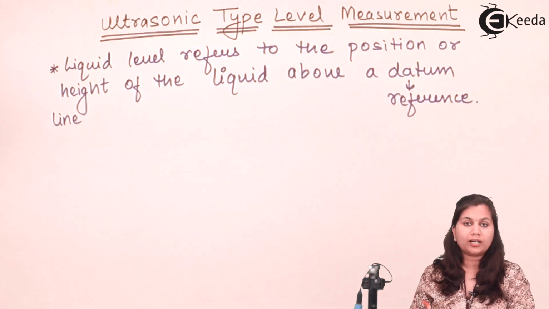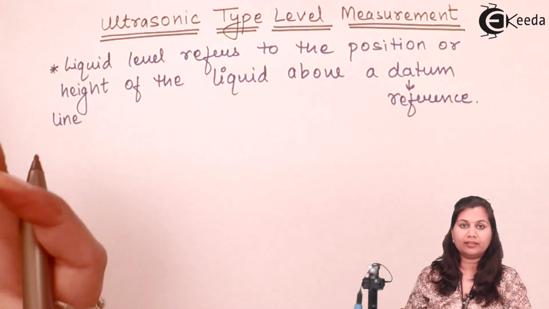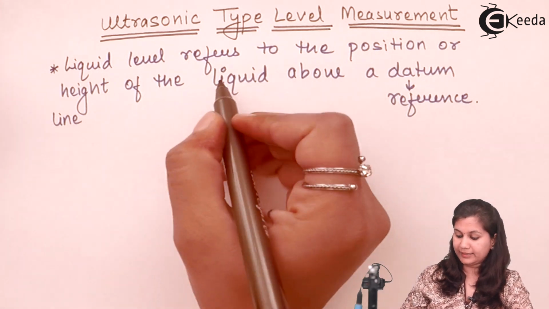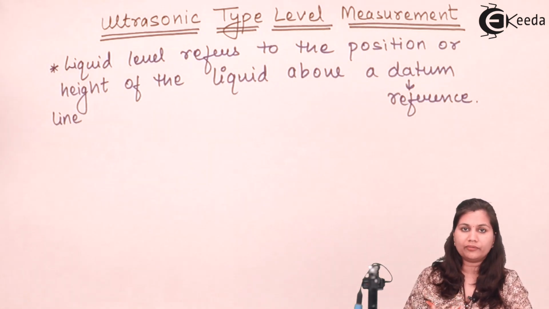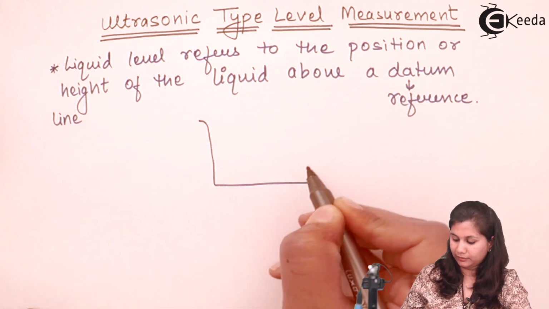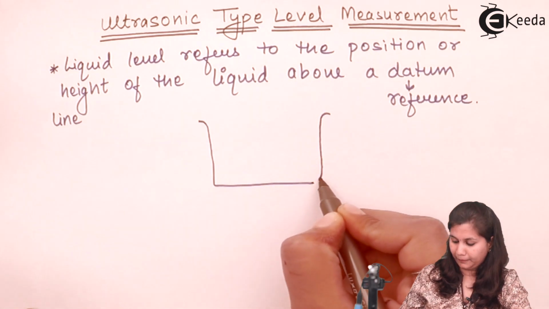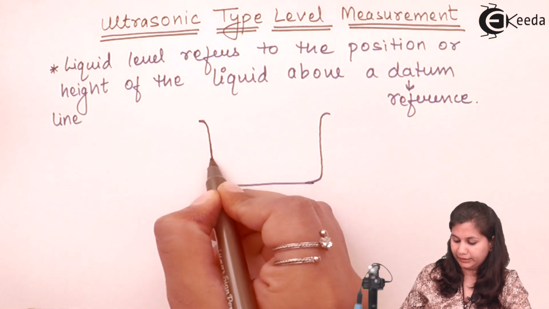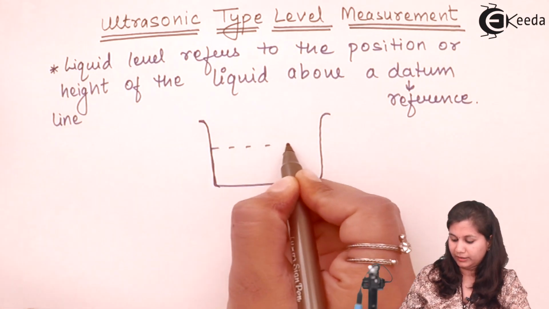So to find out the amount of the liquid, we find the level of the liquid contained in a container or a vessel. Suppose that this is the vessel or the container in which we have the liquid.